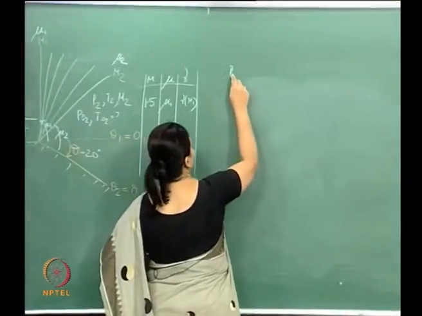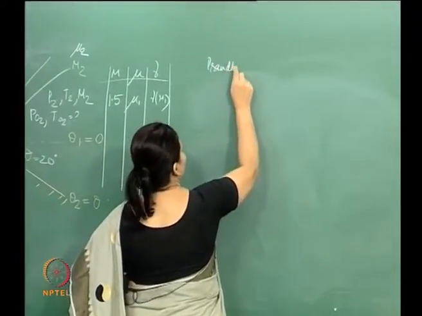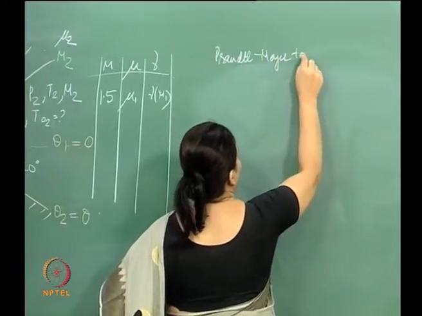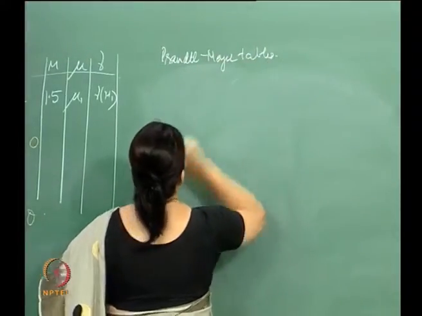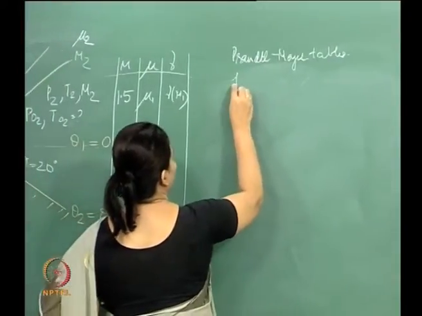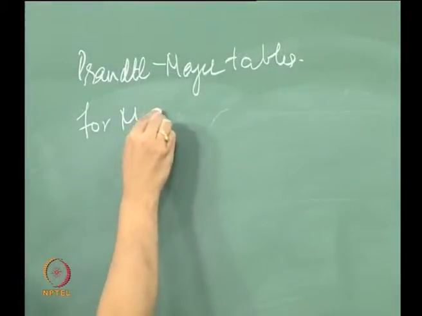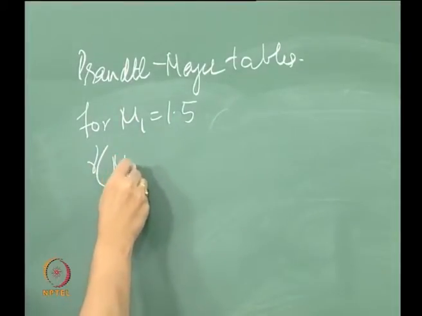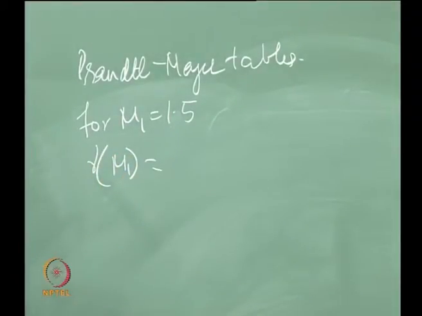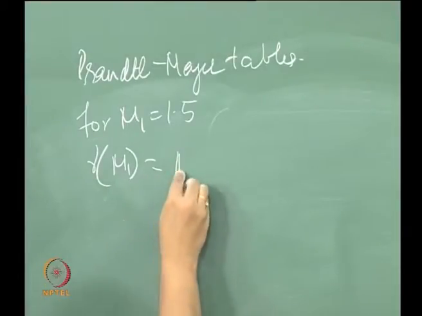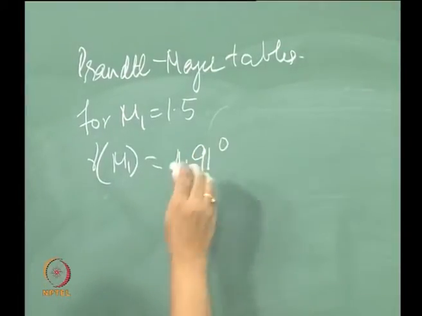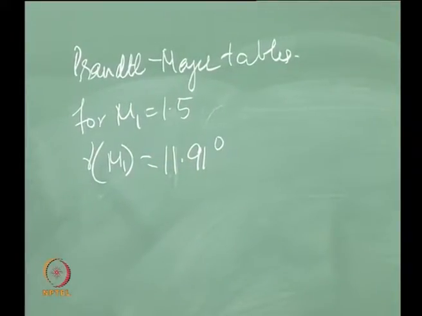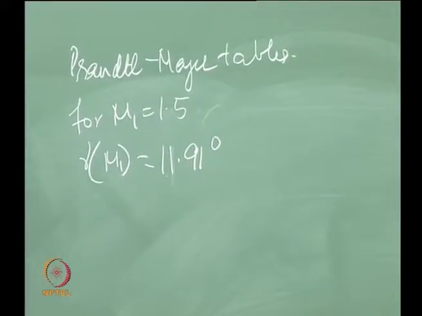So, first step is Prandtl-Meyer: go to the tables, and for M1 equal to 1.5, you get the corresponding Prandtl-Meyer function to be equal to 11.91 degrees, which is around 12 degrees.